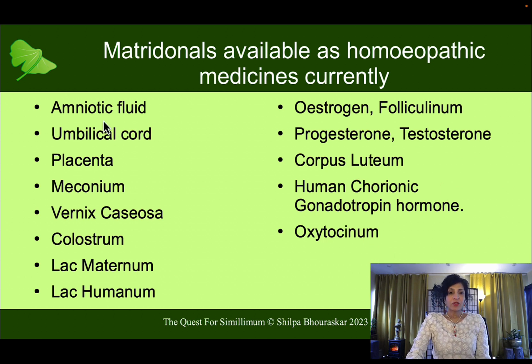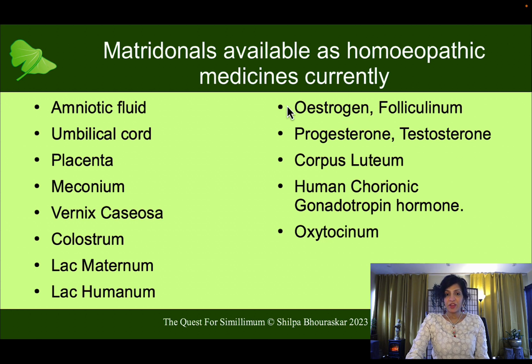All right. So we have the amniotic fluid, the umbilical cord, the placenta, the meconium, the vernix caseosa, which is a protective fat covering on the baby, the colostrum, which is the first milk, lac maternum, and lac humanum. These are the two different milks. The lac maternum has more of the colostrum in it. And then we have the hormones, the estrogen, the folliculinum.